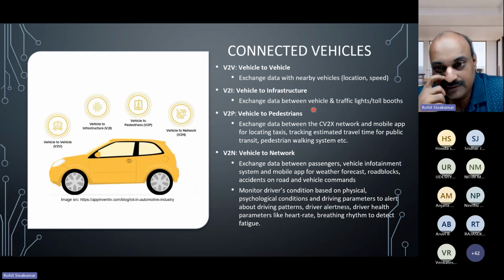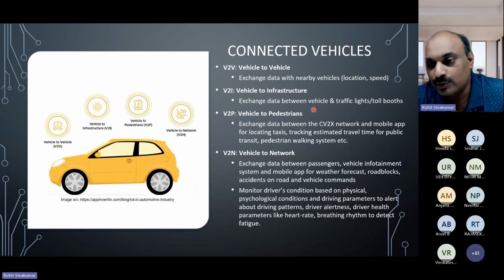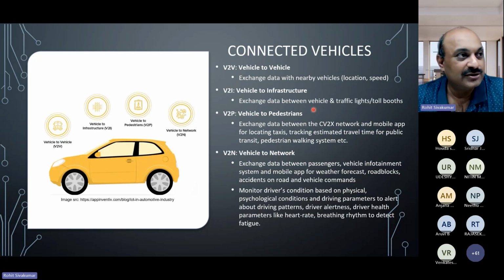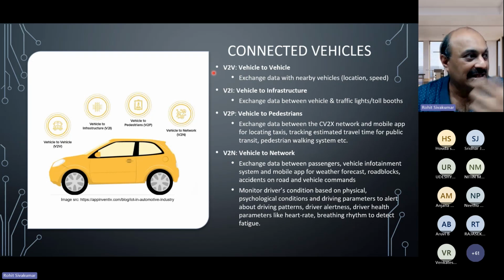Like I was saying in the very beginning slides, the vehicle can talk to traffic lights, toll booths, street lights, thereby giving you an alerting system, and the capability to steer onto a toll booth without having to queue up at a certain junction. So the density of traffic can be easily managed if the infrastructure and the vehicles can communicate with one another. And that's the technology that we are talking of in the vehicle to infrastructure segment.